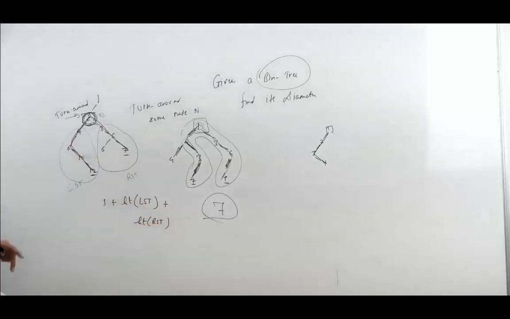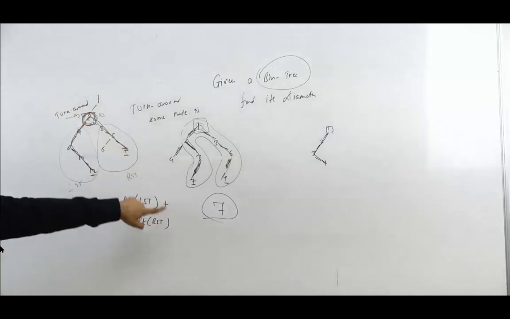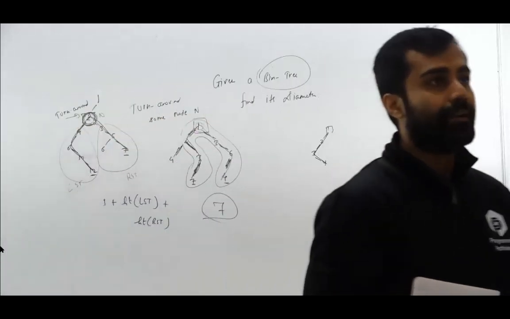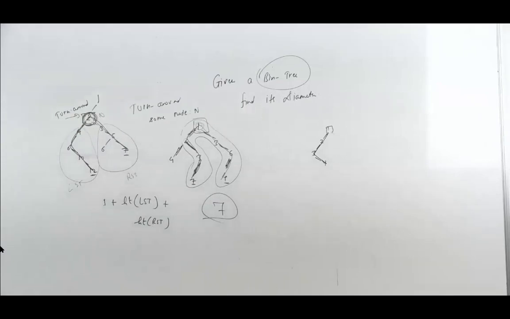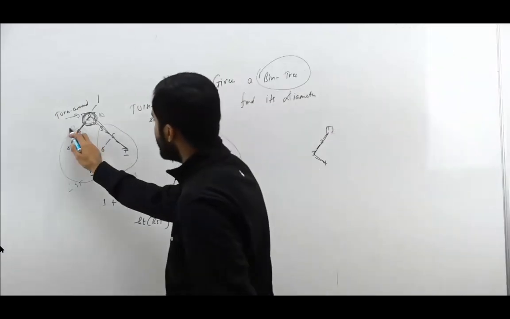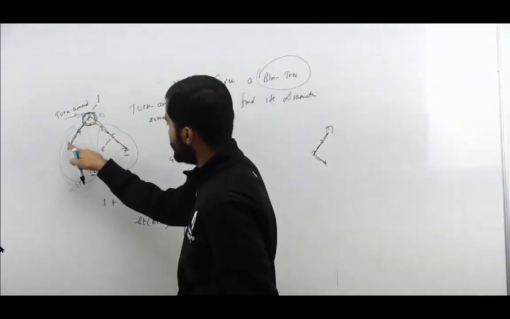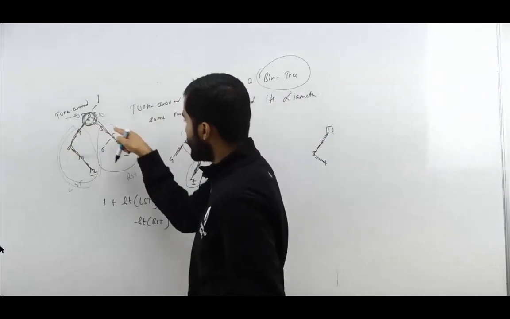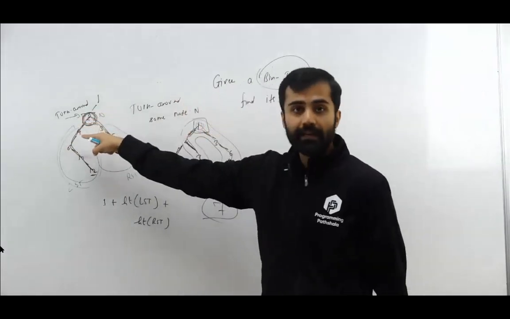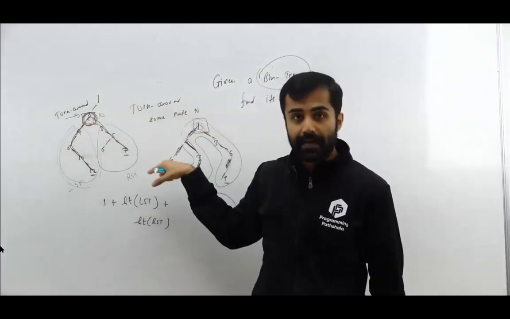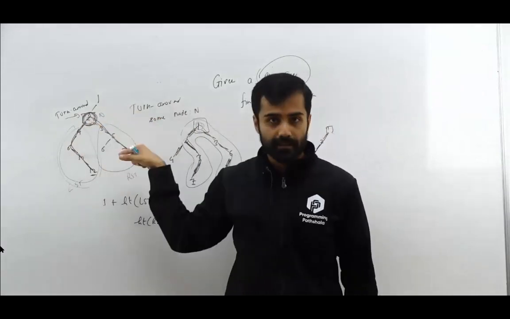That is the longest path that passes through it and takes a turnaround. Does it make sense how it is 1 plus height of left subtree plus height of right subtree? Yes or no? Like here in this case, what is the height of your left subtree? The height of your left subtree is 1, 2, 3, 4. The height of your right subtree is 1, 2, 3. And 4 plus 3 plus 1 is 8. And that is the longest path which passes through it, taking a turnaround.